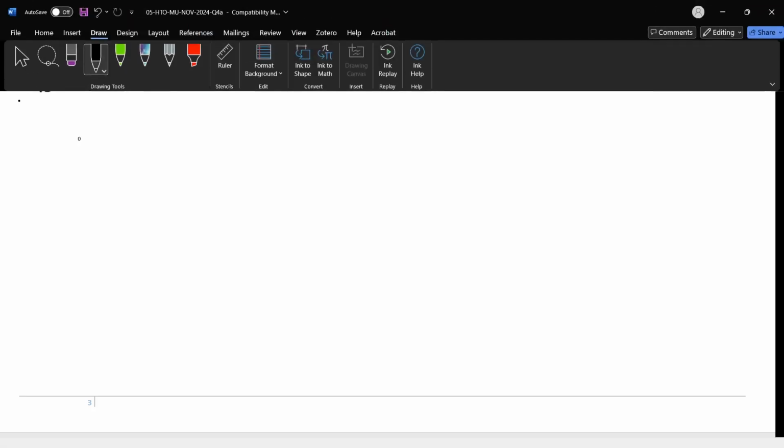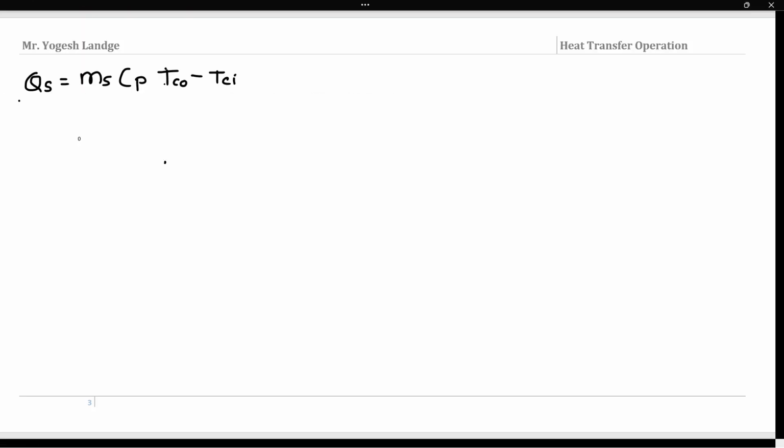Okay, so let's see. First, the mass flow rate of the steam is mentioned, it is 720 kg per minute. So I convert it into kg per second for my convenience. Into the specific heat is mentioned 2.71, which is also in kilojoule per kg per degree Celsius. So I converted this into the joule per kg.